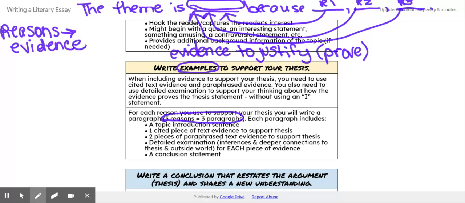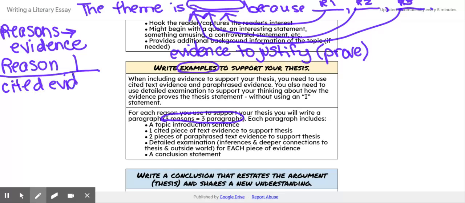So, for example, reason 1. My first piece of evidence needs to be cited. Remember, a cited piece of evidence is the author's words directly.